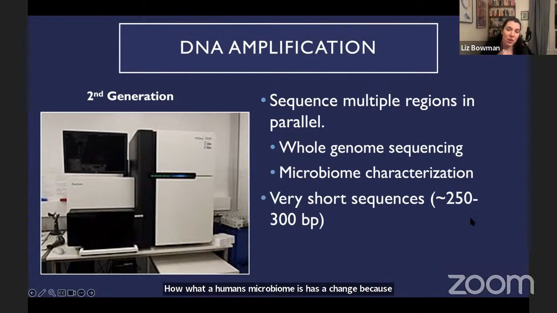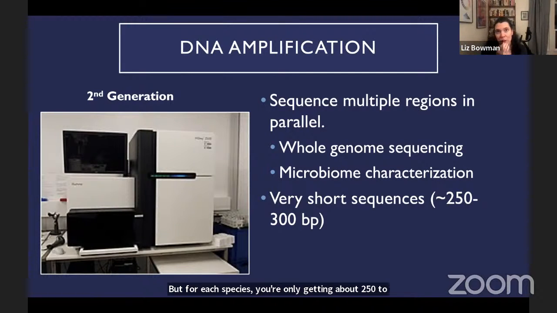With this, though, here I'm showing the Illumina MiSeq. For Illumina, you can get about 250 to 300 base pairs. So pretty short. If you're doing microbiome characterization, you're sequencing this one region of interest, which we'll talk about. But for each species, you're only getting about 250 to 300 base pairs, which is really short.